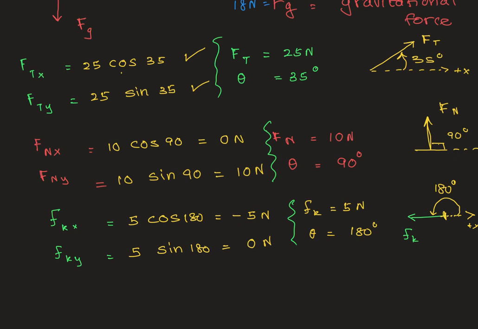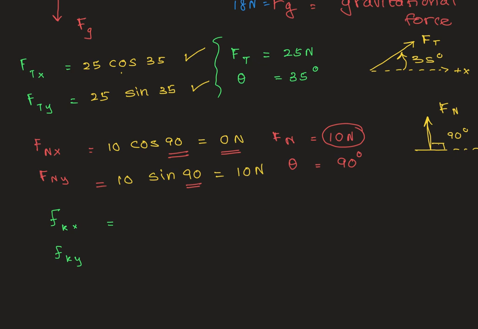So if you pay attention to these angles, guys, here you have a 90 and no x component. And for the sine, when the angle is 90, the entire magnitude is pointed along the y direction.